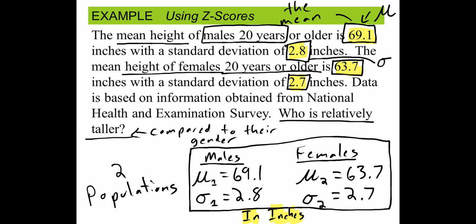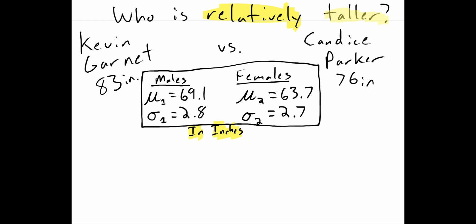So, okay, we want to know who is relatively taller. Obviously, who is taller is a boring question. Kevin Garnett is taller here. Who is relatively taller is going to depend on the distribution of their gender. So because their genders, males and females, have different distributions of their heights, we want to account for the differences in these distributions.